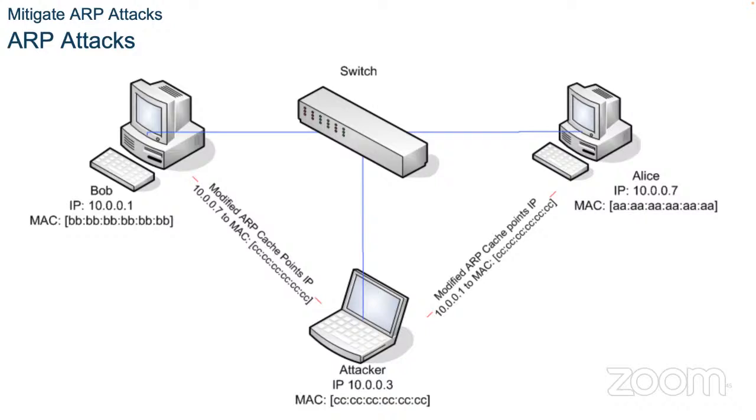Cisco has Dynamic ARP Inspection, DAI, which will look at ARP packets and determine whether a packet is legitimate and can go through, or should be blocked because an attack is occurring.